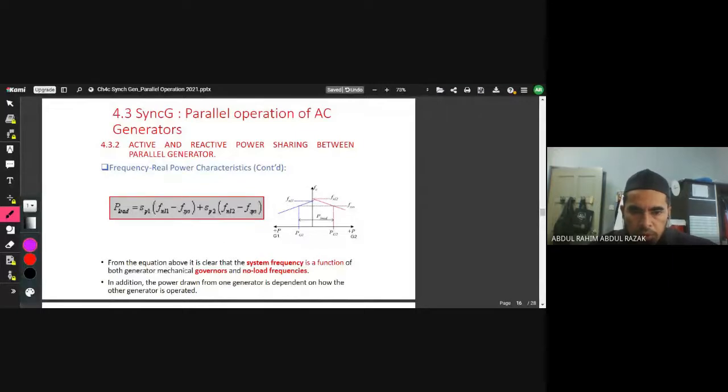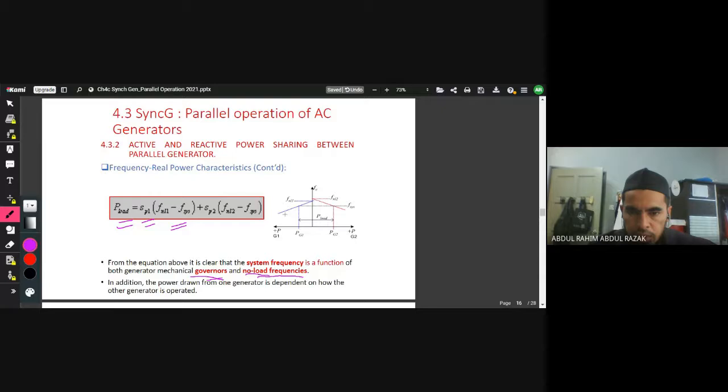From the equation, you can see that the system frequency is a function of both the generator mechanical governors and also the no load frequencies. So the P load depends on the slope and also the frequency, and the slope and the no load frequency. Also, the power drawn from a generator relies on how the other generator operates.